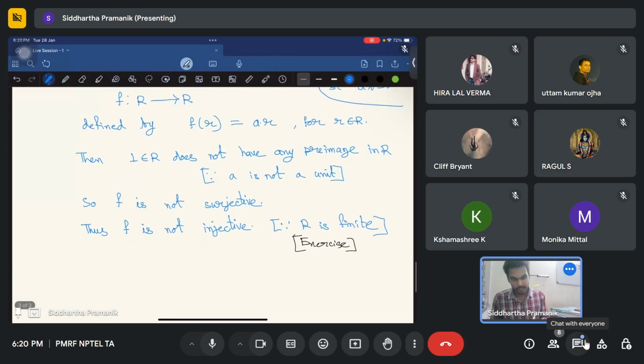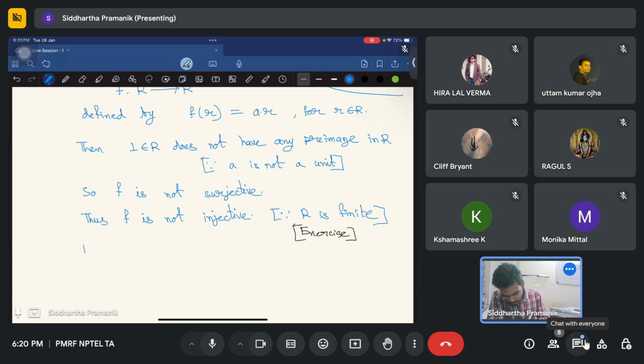So f is not injective, so that means there exist two different elements, let's say r1 not equal to r2 in R, whose images are the same, right? So f of r1 equals f of r2.